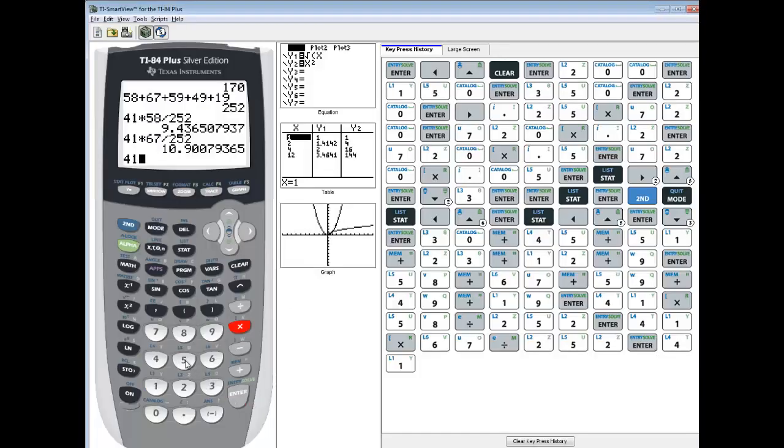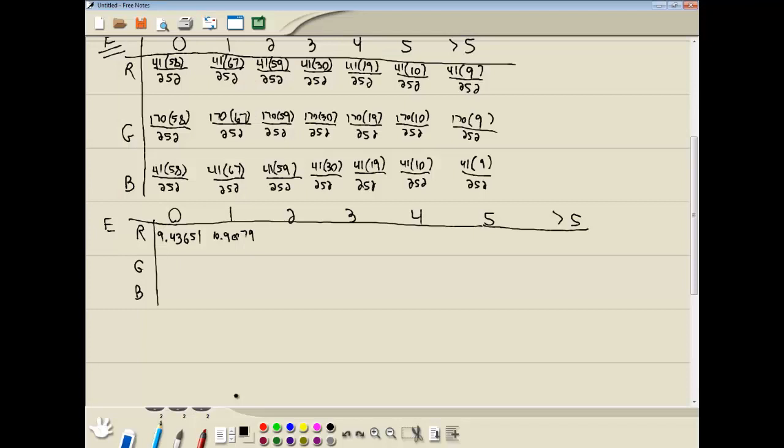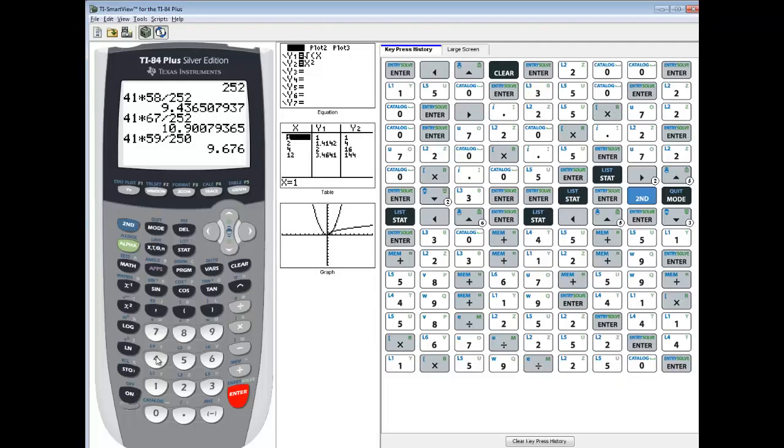41 times 59 divided by 252. 9.676. It'd be a miracle if I don't make a math error somewhere here. So 41 times 30 divided by 252.